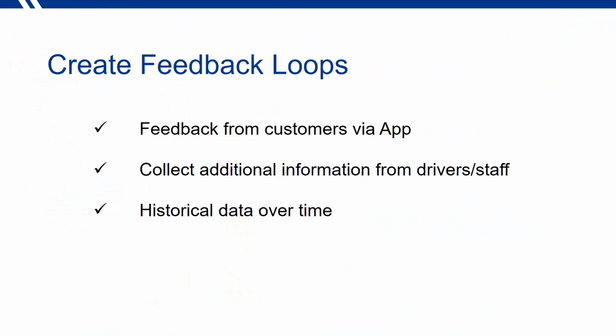We can directly ask the customers to rate something in the app and say, was this information accurate? What was the actual feeling? And then, of course, we could also ask drivers or staff to do the same thing. Maybe they can also collect information and send it to us as well. And of course, using historical data over time is always a plus because you can then provide long-term prognosis for occupancy for the future.